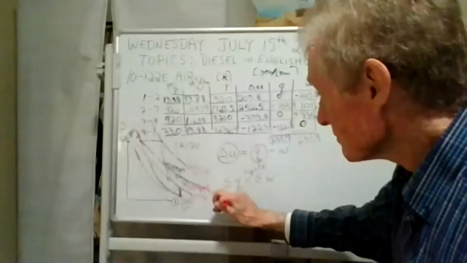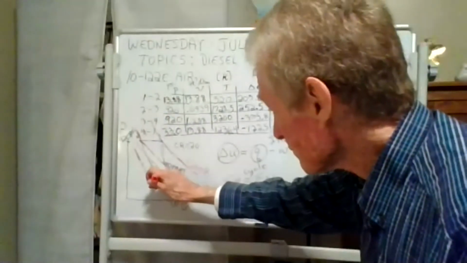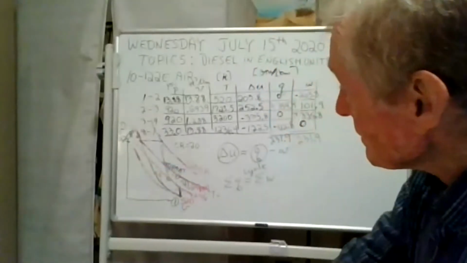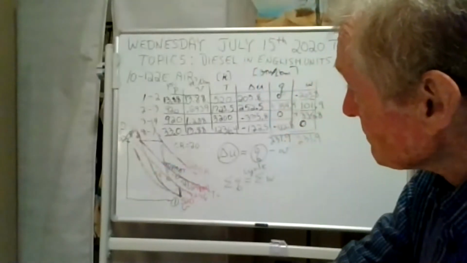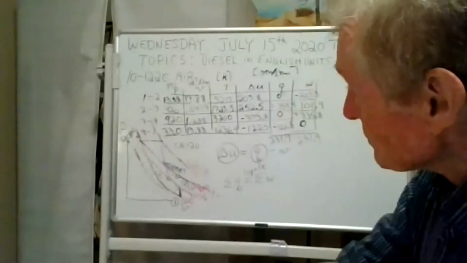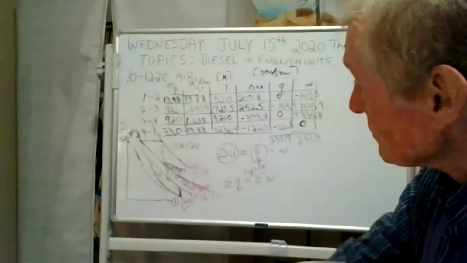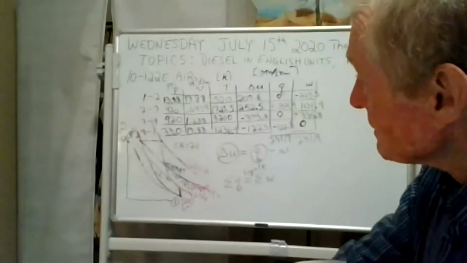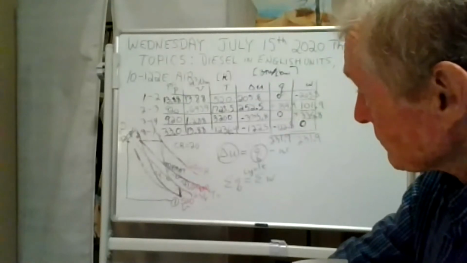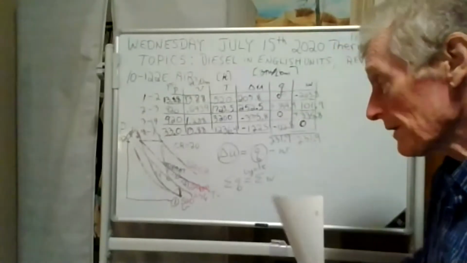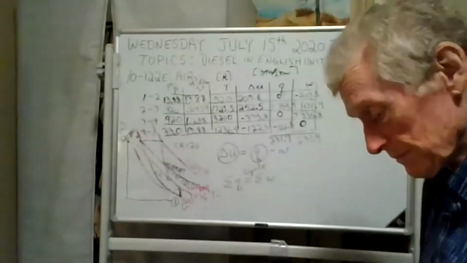There's T2. This one would be T4, right? T4 is the 1236. And T2 is the 1723. Well, I think we finally got that.